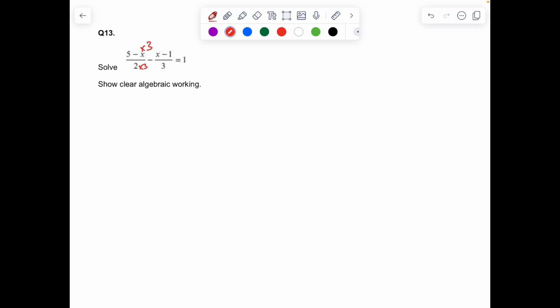And I have to do the same to the top. So it becomes 15 take away 3x over 6. Take away, I'm going to multiply top and bottom by 2 to make sure it's over 6 as well. So I get 2x minus 2 over 6 equals 1.